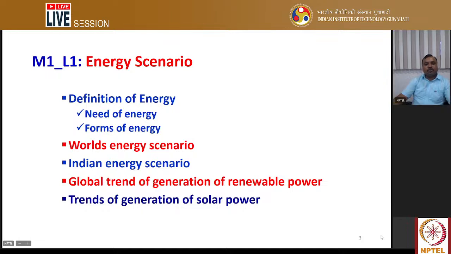Then the world's energy scenario is the energy mix, from where different energy is contributing. Then in the Indian scenario, primarily the energy mix. And then what is the share of renewable energy? And then the global trend of generation of renewable power, then trends of generation of solar power.